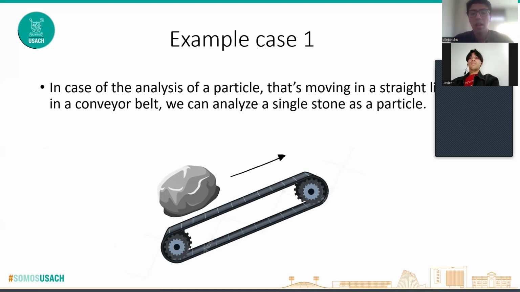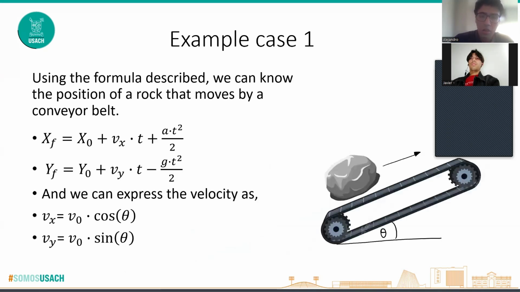As we see, the rock can be seen as a particle which moves on a straight line, inclined at an angle of theta. Now, with these following expressions, we can know different variables.